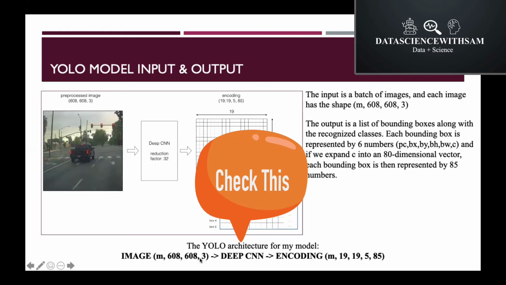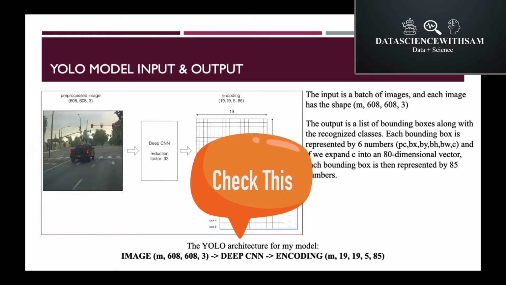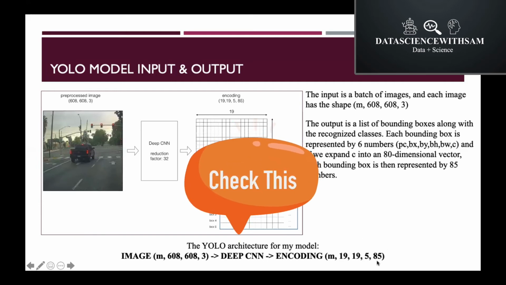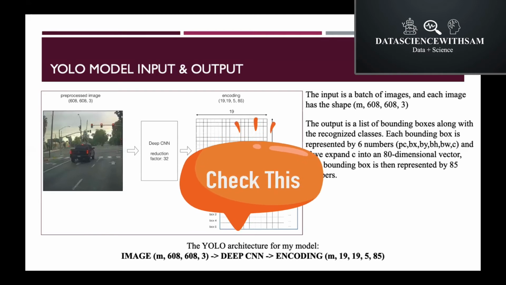Once we pass the images through the YOLO model network, the model encodes the image in the form of a list of bounding boxes and provides output in this format. Here the 85 denotes the number of anchor box values plus the number of classes. We have 80 different classes for this prediction purpose, so the actual number is 85.